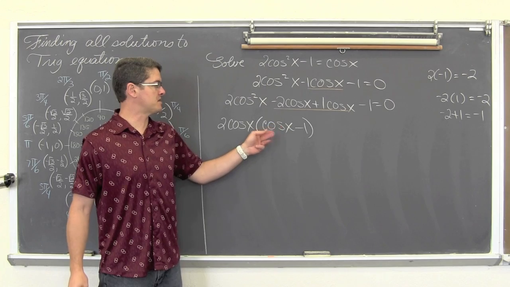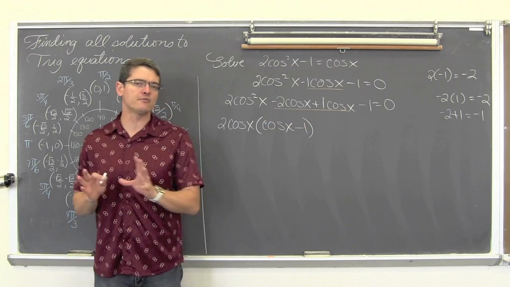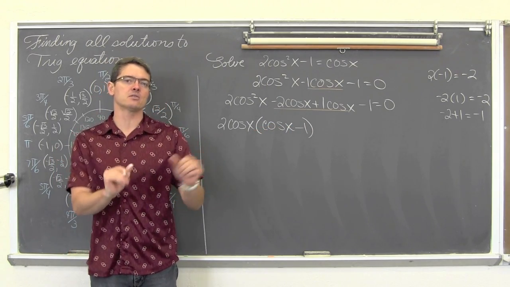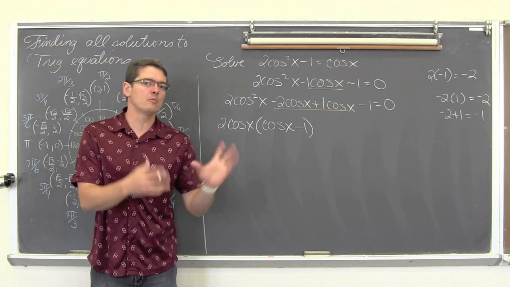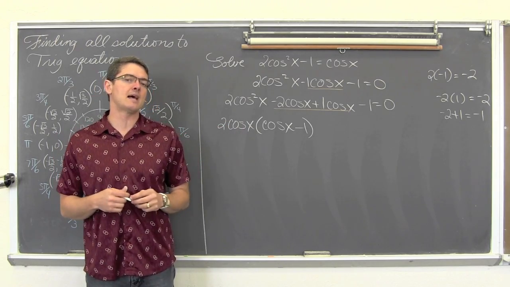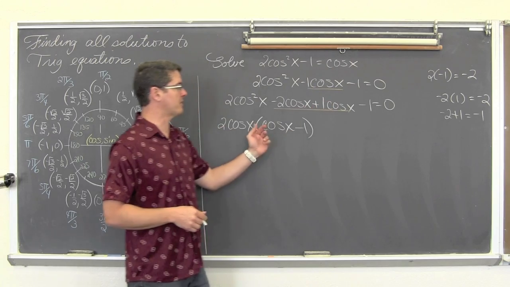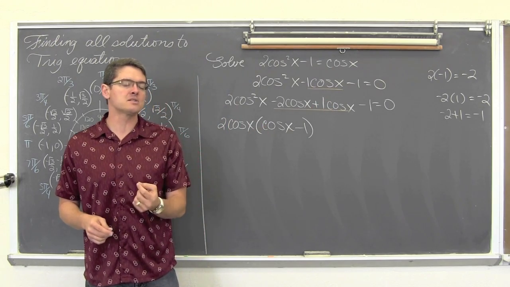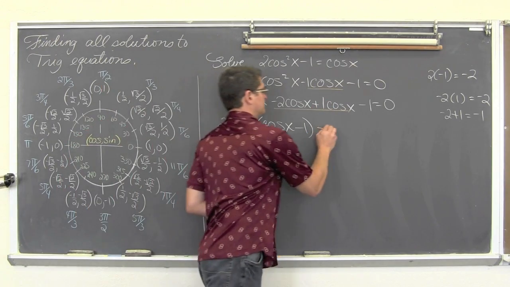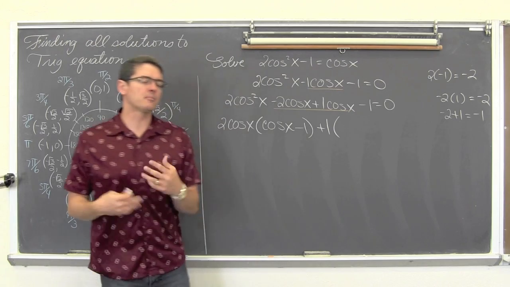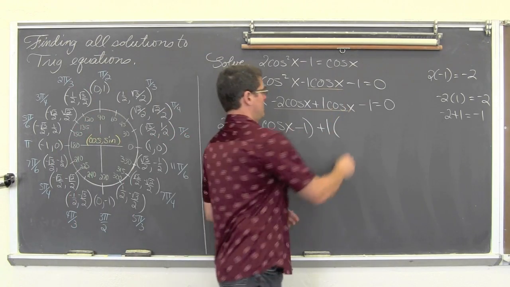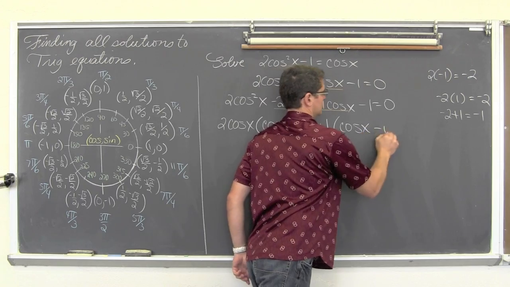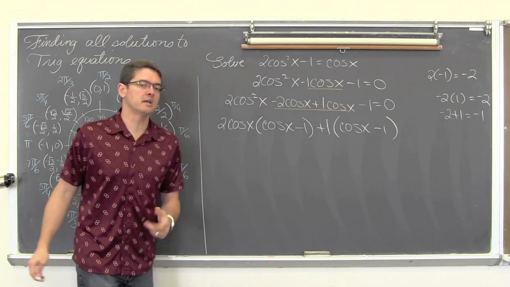Well, inside this parentheses, I have cosine x minus 1, so I'm looking for a matching set of factors. But when I factor by grouping, I still have to show I'm pulling something out of those last 2 terms. And since it's already a perfect match, I'm going to factor out a positive 1, which is just going to complete the process, but not really change anything. Of course, when I divide by 1, nothing does change. So I get cosine x minus 1 again.